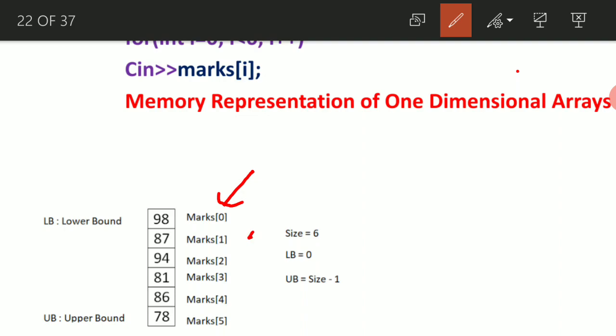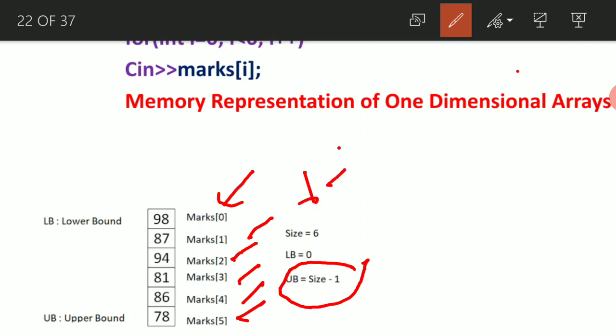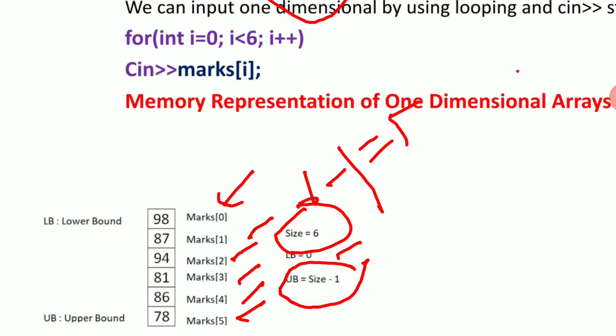Then the second element, marks[1], then the third element, marks[2], then the fourth element, marks[3], fifth element, marks[4], then the sixth element, marks[5], because upper bound is equal to size minus 1. What is your array size here? 6. So 6 minus 1 is equal to how much? 5. The size I have given here is 6, lower bound is 0 and upper bound is equal to 6 minus 1, that is 5.